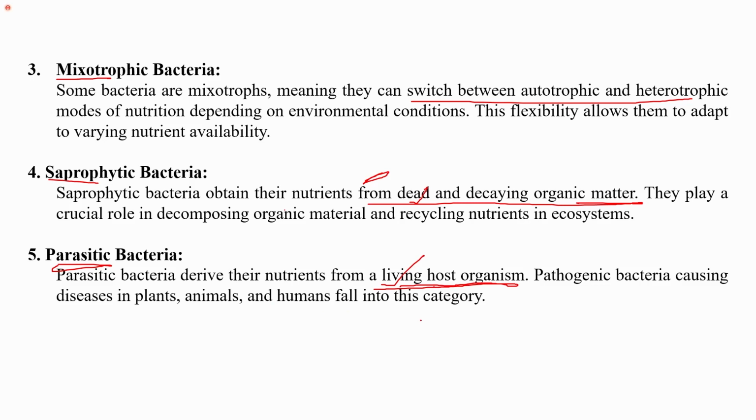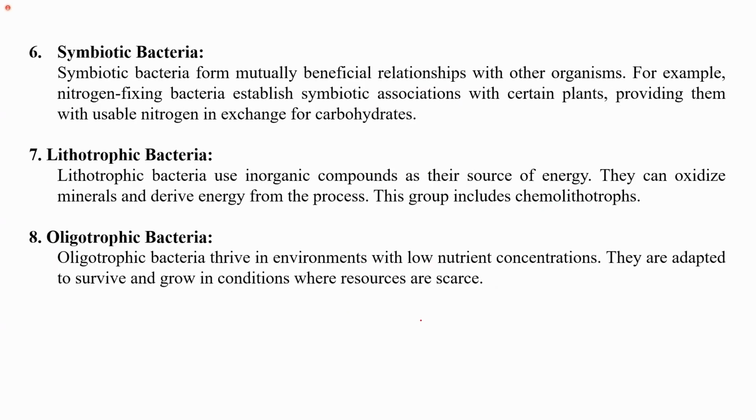For example, we can say Mycobacterium tuberculosis. The next is symbiotic bacteria. Symbiotic bacteria form mutually beneficial relationships with other organisms. For example, the nitrogen-fixing bacteria, which are present in symbiotic association with certain plants. Here, this bacteria obtain food and nutrition from the plant while it provides the nitrogen in the fixed form to the plant, which can be utilized by the plants.